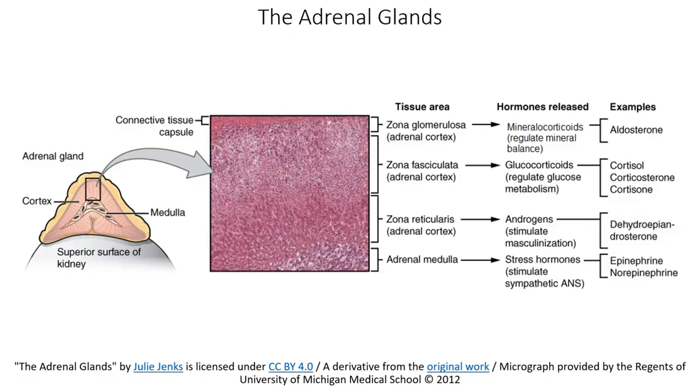Not entirely, but very, very frequently. And so that epinephrine and norepinephrine short-term stress response coming from the medulla, and once that stress is relieved, then the body is going to very, very quickly return to normal.